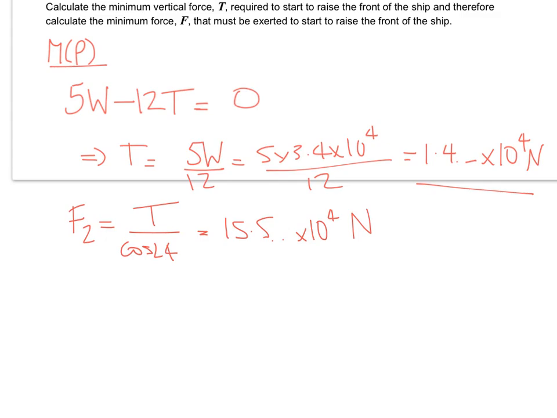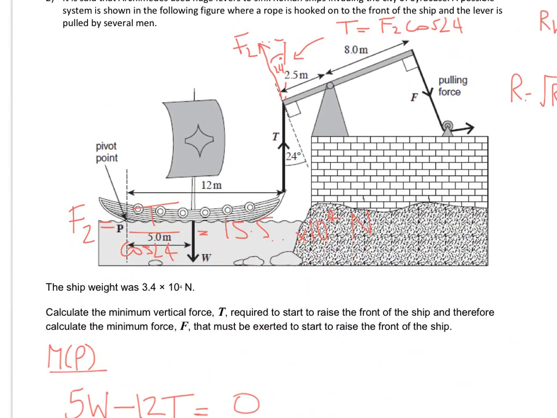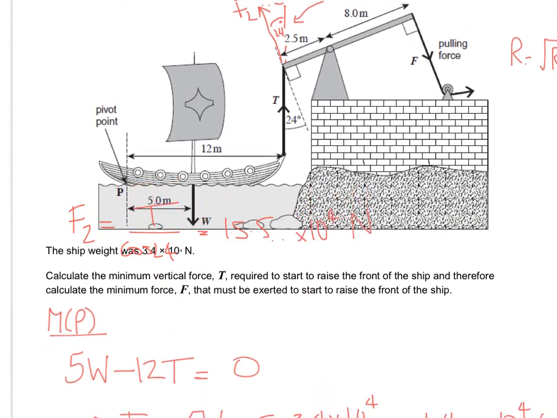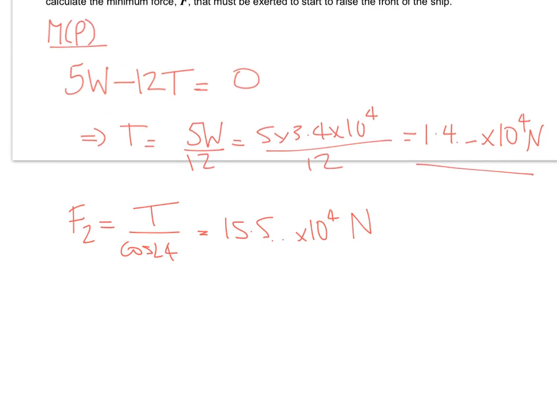So now we need to relate F2 to F. Because of the lever system we've got in place, 2.5 F2 is going to be 8.0 times F, because essentially using the lever and these different distances is allowing us to use a smaller force to lift it.